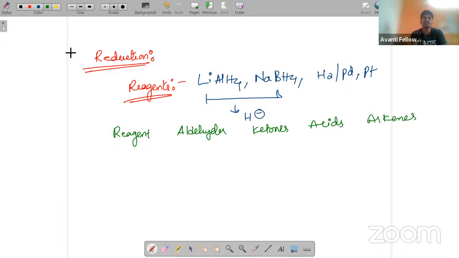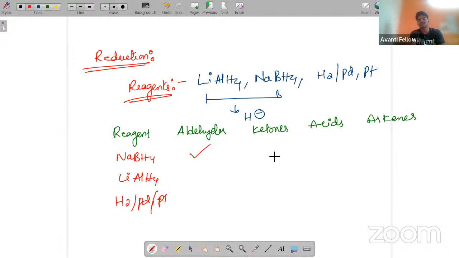Among these three reagents, which will give which test? The reagents are NaBH4 and LiAlH4, and the next one is H2 in the presence of palladium or platinum.